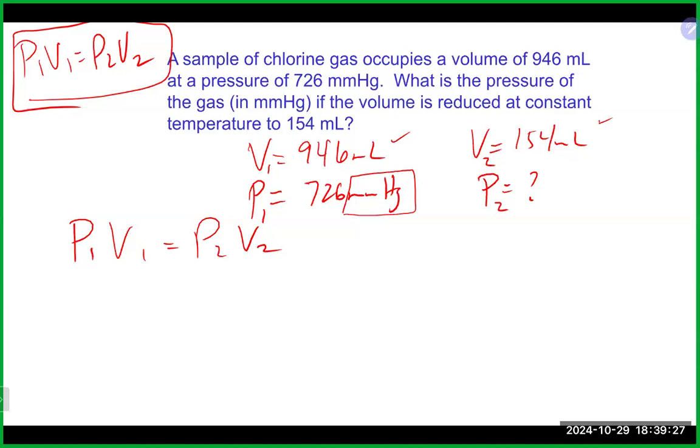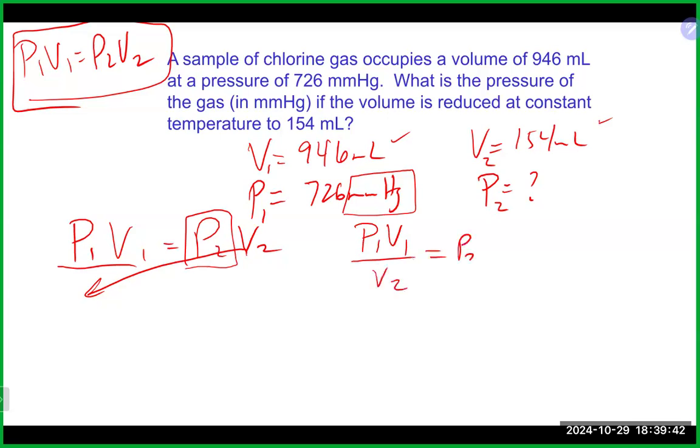So in this case, we are looking for P2. These guys are both up on top on the right, which means when I move them across the equal sign, they end up on the bottom, basically dividing. And that would give us P1 V1 over V2 is equal to P2. And popping in our numbers, hopefully correctly here: 726 millimeters of mercury, 946 milliliters, all divided by 154 milliliters.